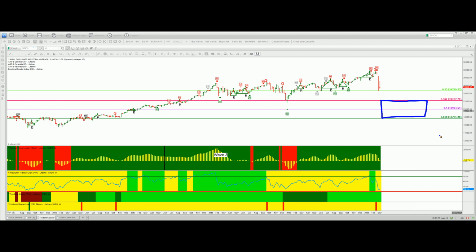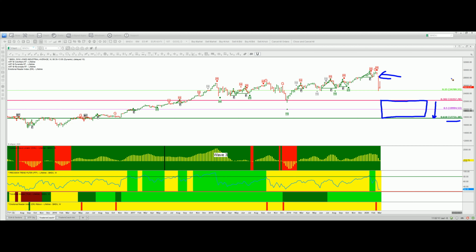The target zone here for the Dow is between 22,000 and 257. But because it's a zone, it could also reach down to the lower part of the zone, which would be 17,731. Those numbers certainly sound extreme, especially if you were way back up here where the market was, close to 30,000.